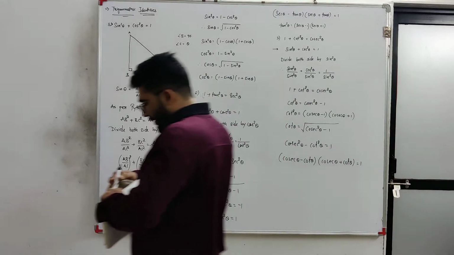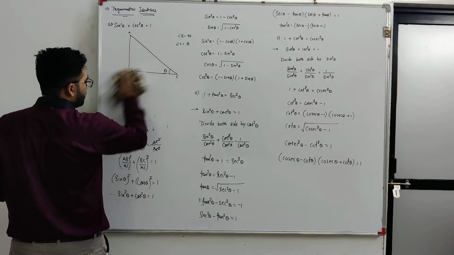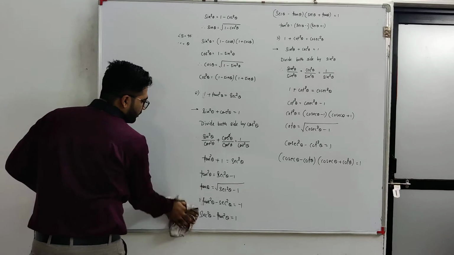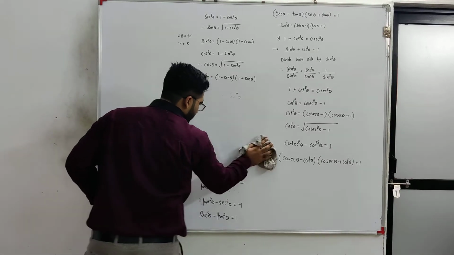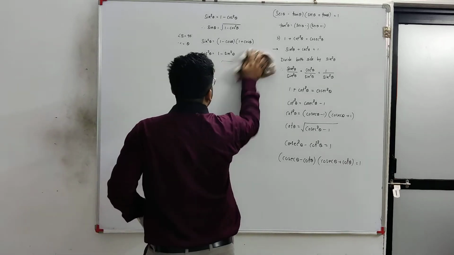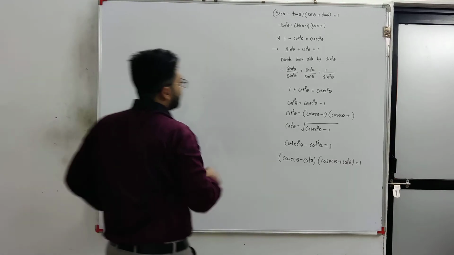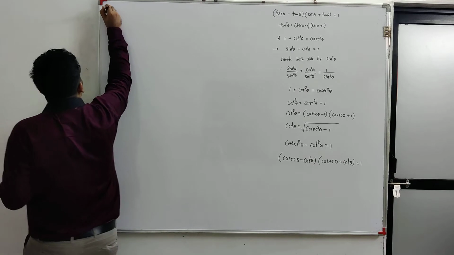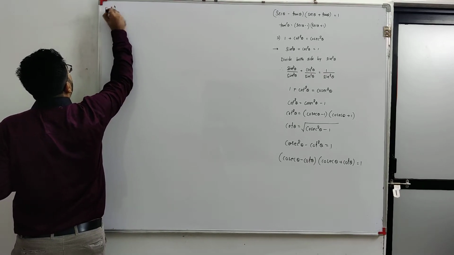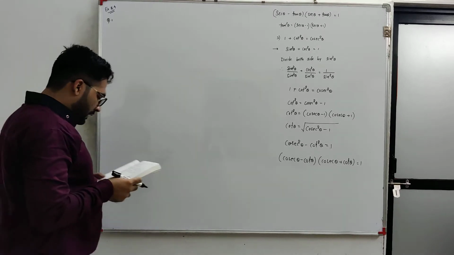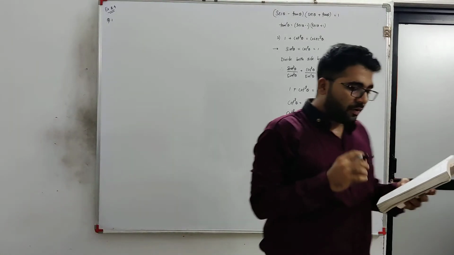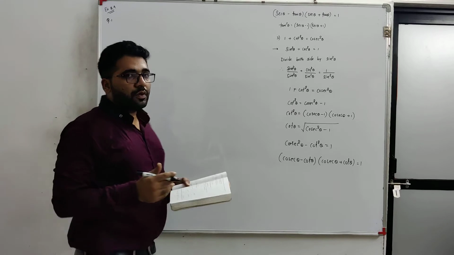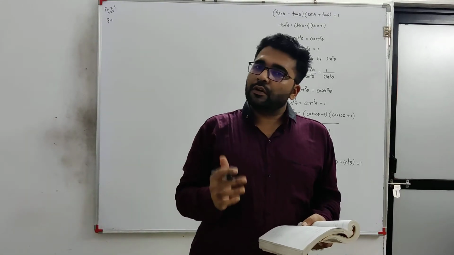In question number 1, it says: express the trigonometric ratios sin A, sec A and tan A in terms of cot A. It means I need to convert everything into the form of cot A.